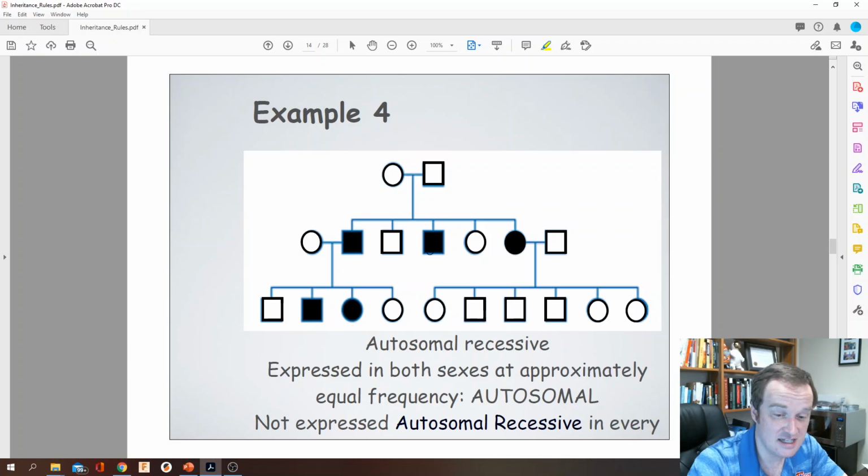Because it expresses in both sexes at about the same frequency. Because this is not theoretical and it's actual children, it can sometimes be difficult to tell if it is the same frequency or not. In this case, we have 3 sons and 2 daughters, so that's roughly 50%.